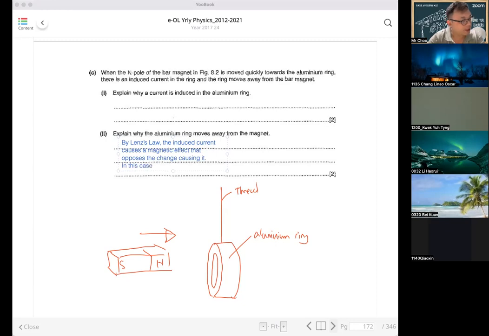So in this case, a north pole is induced on the left side of the aluminum ring, to oppose the incoming north pole of the bar magnet. Clear?